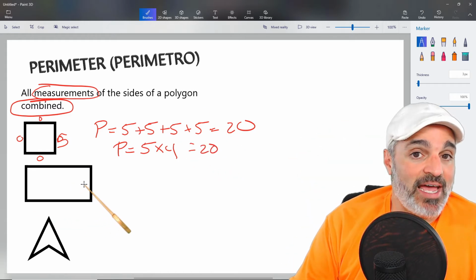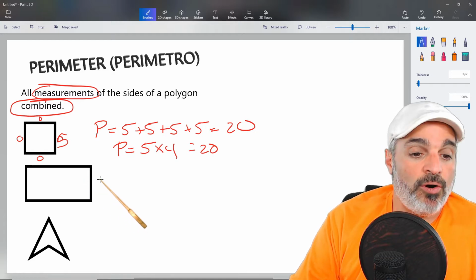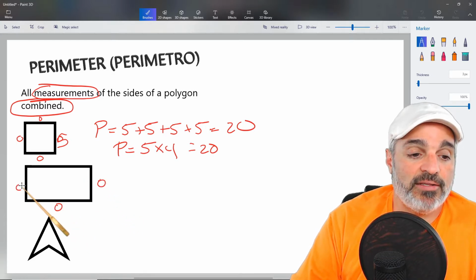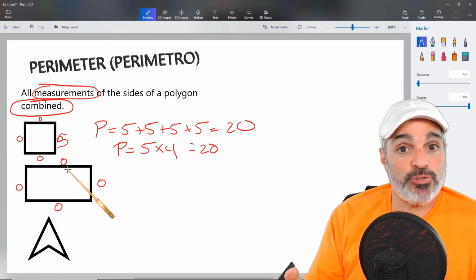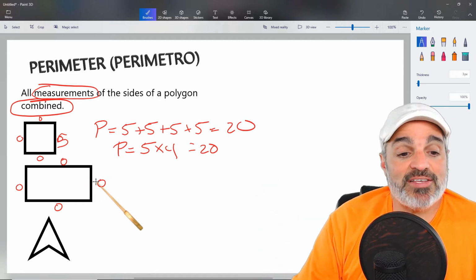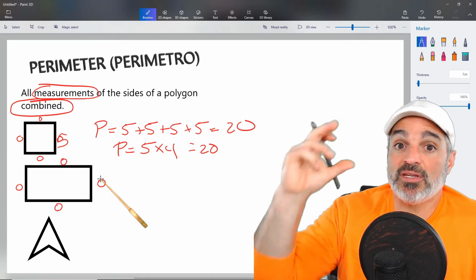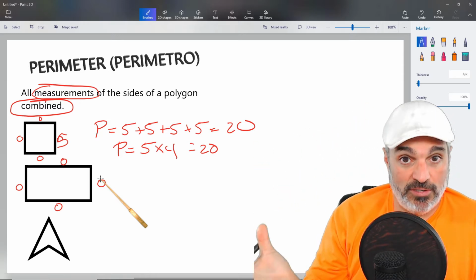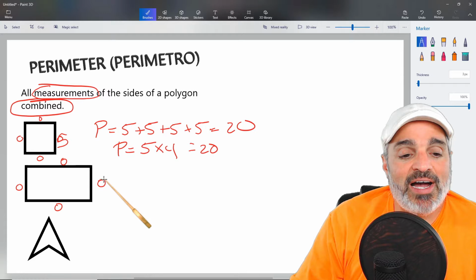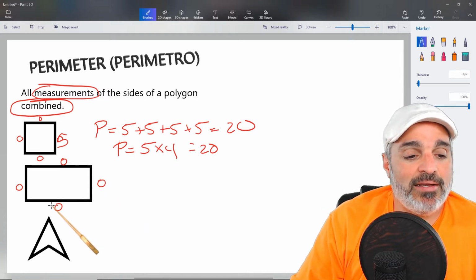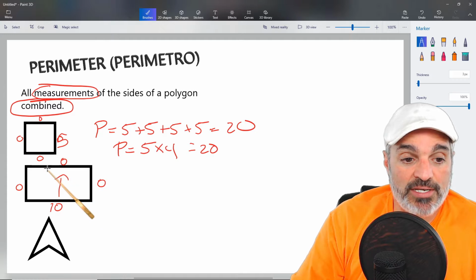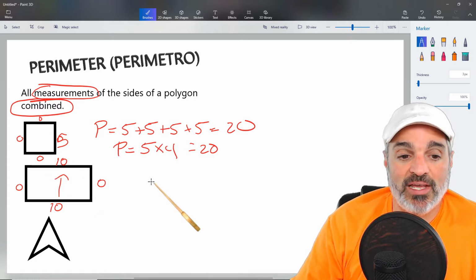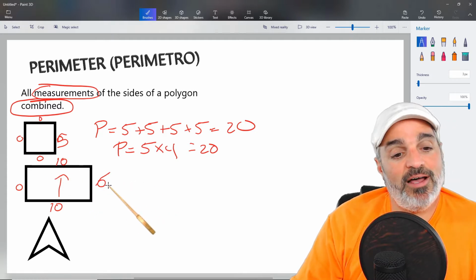Now, if you have a rectangle, then you need to know this side, this side, this side, and this side to calculate the perimeter. But you can also use the geometrical rule that says that in a rectangle, there are 2 pairs of sides of equal length. So if I tell you that this is 10, then you immediately know that this up here is 10 as well. And if I tell you that this is 6, look at that.